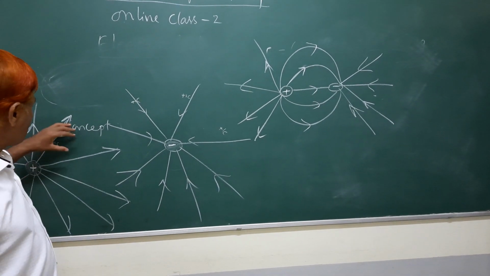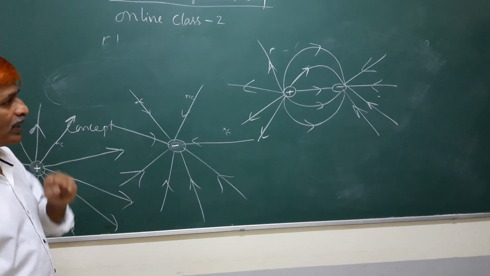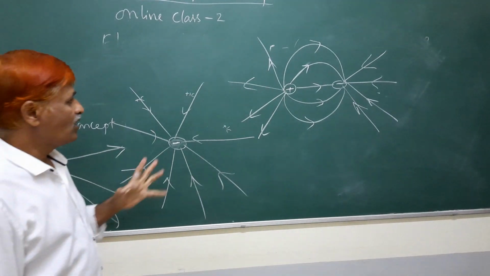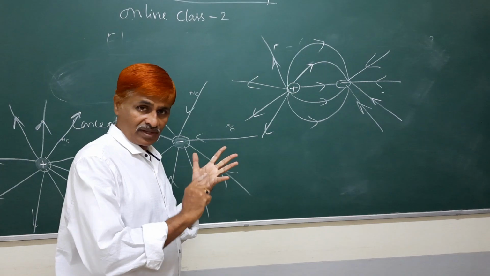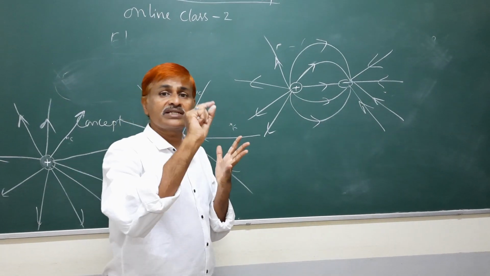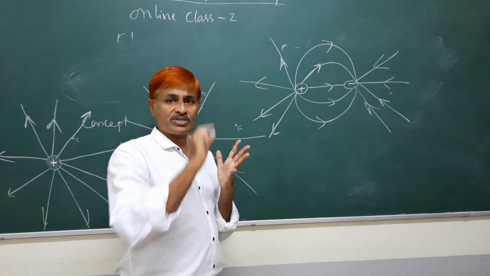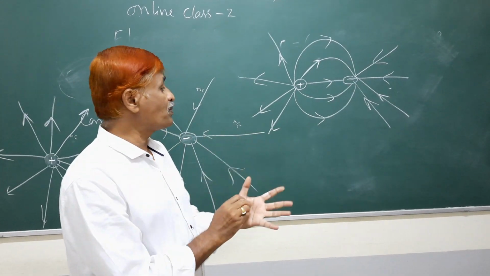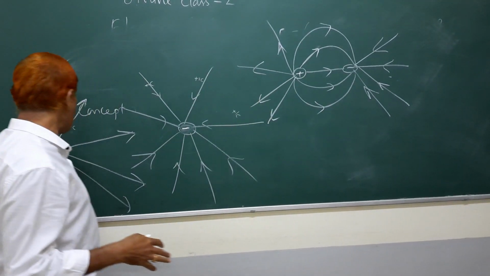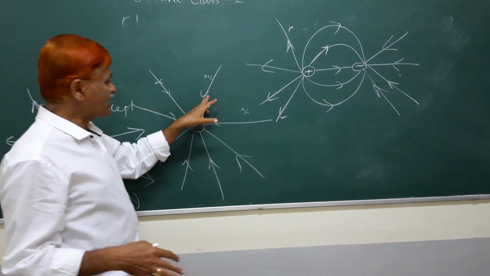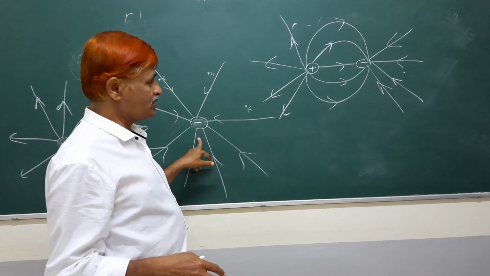So we assign some properties to electric lines of force. First, they are imaginary lines. They represent the direction in which a unit positive charge will move when it is placed in the electric field. They are diverging from a positive charge and converging on a negative charge.